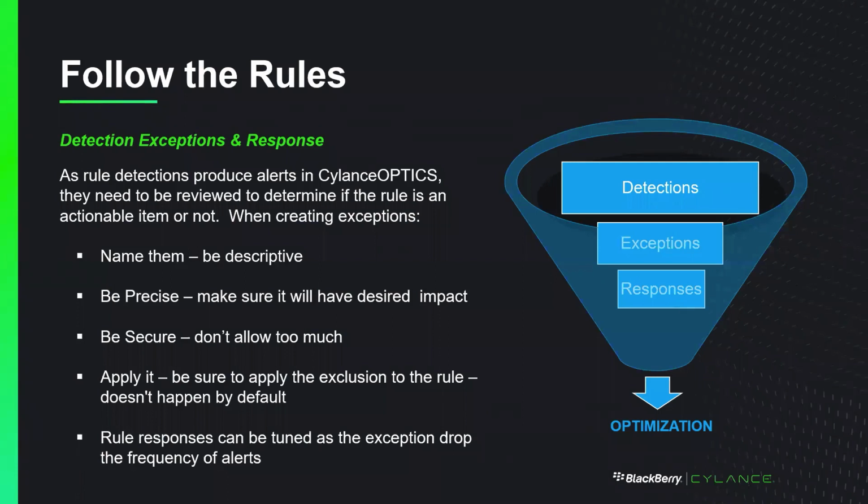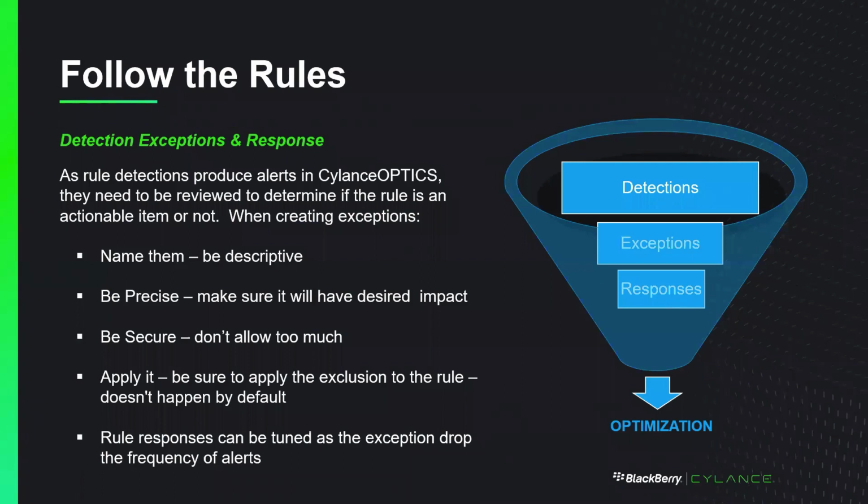Also, be precise. Make sure that when you're creating exceptions, you are targeting precisely what you are trying to make the exception for. It's very easy to get caught up in making exceptions, and with the addition of a path or something along those lines, really easy to make that have a far broader impact than you may imagine.